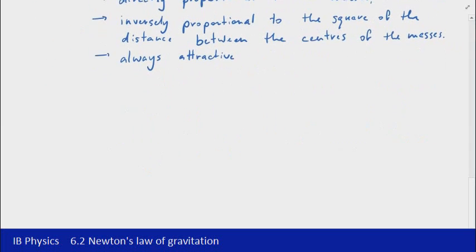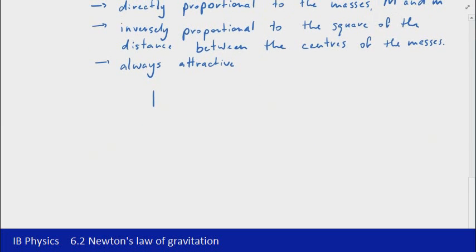So if we combine those relationships, the force is directly proportional to the masses, so directly proportional to M multiplied by m, and inversely proportional to the square of the distance. Now we're using r here for the distance because Newton's work would have been based on the motion of the planets, where you talk about the radius of the orbit, the radius being the distance between the planets.